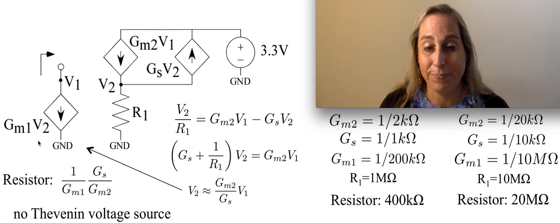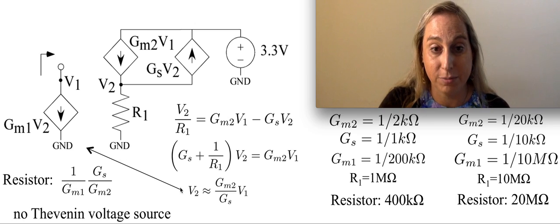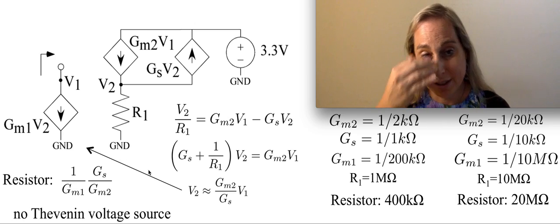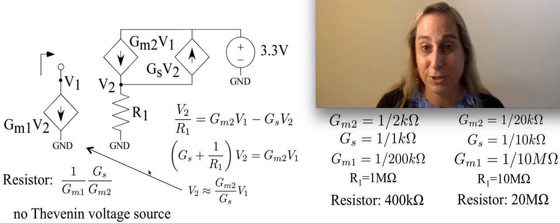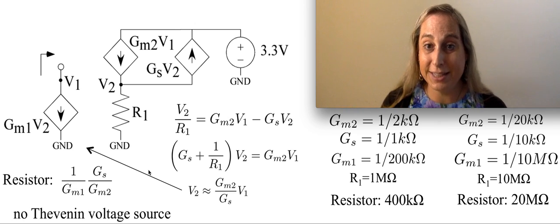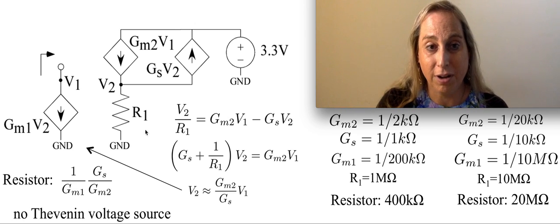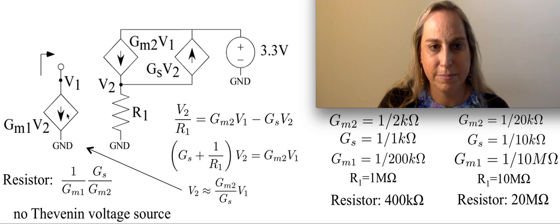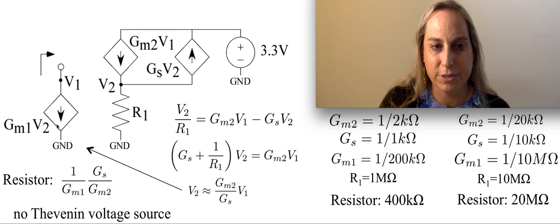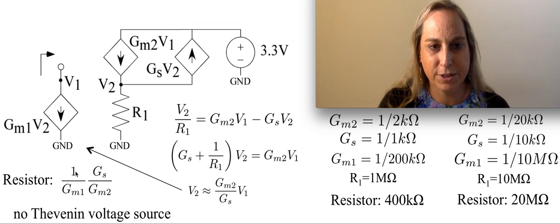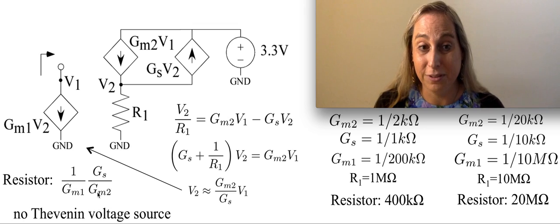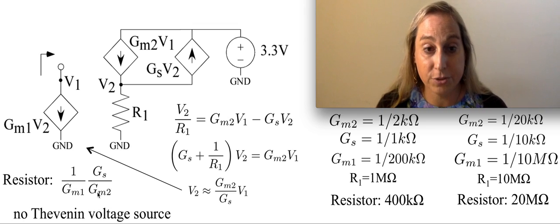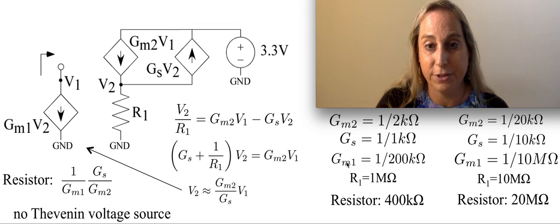Now I know what to do with that. After I've applied V1 straight into here, I've got a current that's proportional to it. That's better known as a resistor. So all of this makes the relationship just look like a resistor of this particular value, GS over GM1 times GM2, and I can just evaluate that.